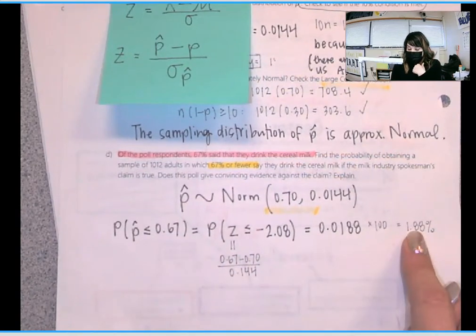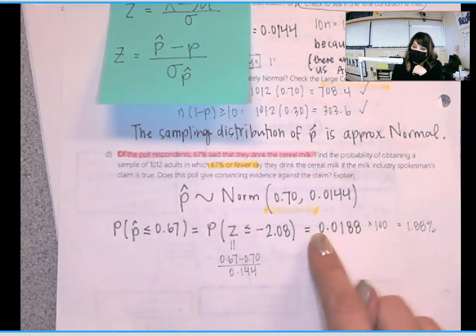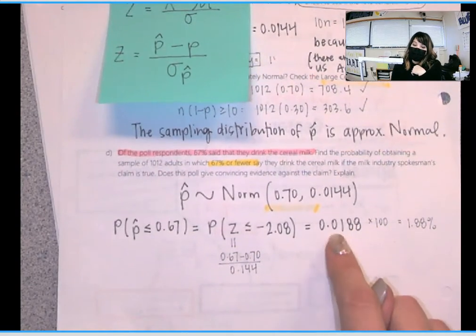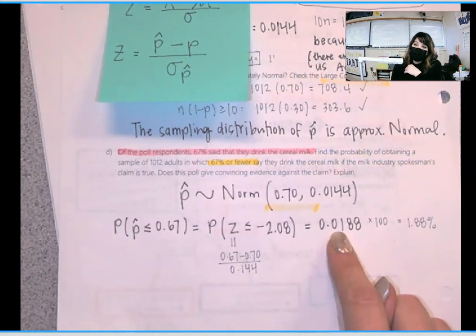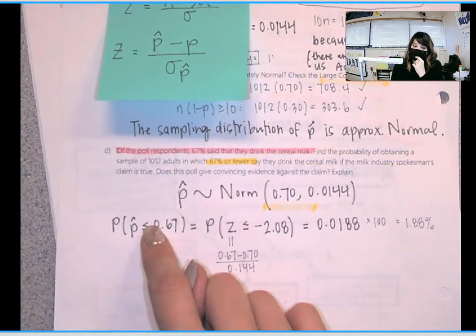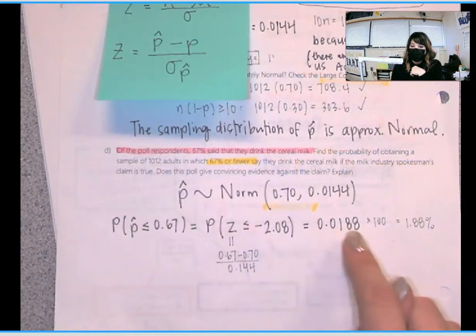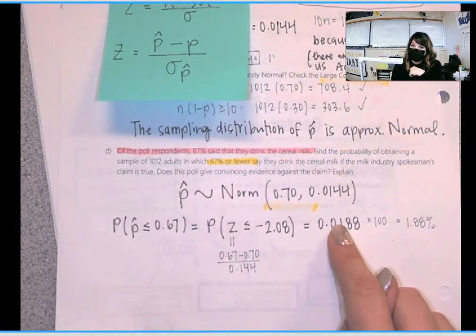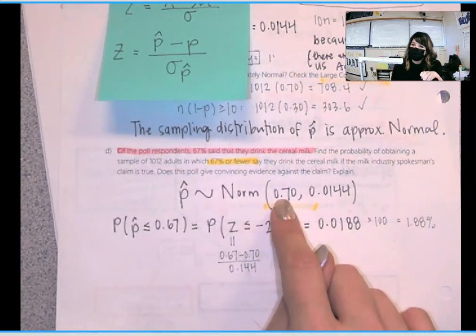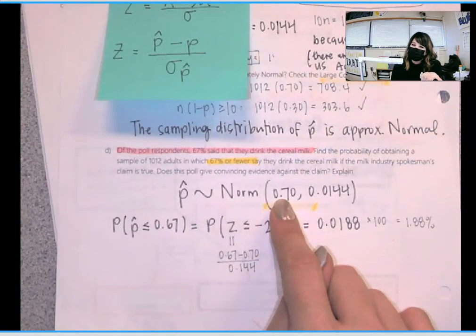So in this case, we have convincing evidence. This is too low. They're saying the probability that you would get a sample value this low if p is truly 0.70 is only about 2%. So it's possible that this is true, but this is convincing evidence that it's probably not true.